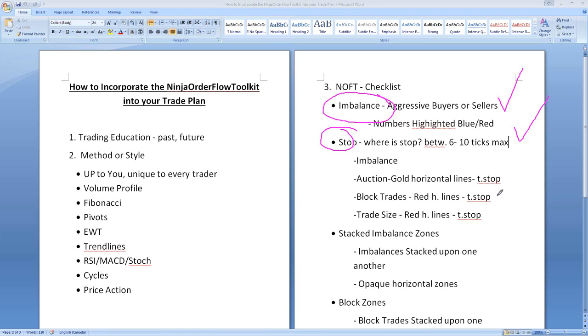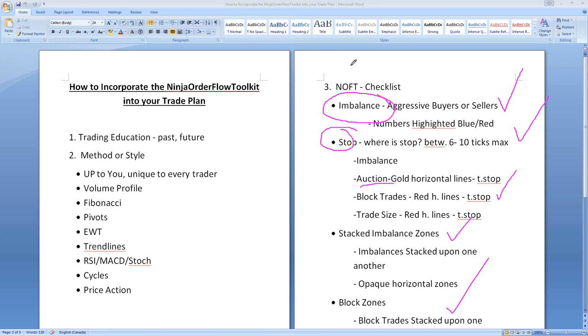Block trades. Check. And then the other things that I would look for are the auction lines to trail my stop, the combination between the auction lines and the block trades to trail my stop behind. And also look for the zones. Okay? That's it. That's all I took for that trade. 2 or 3 things for that trade.